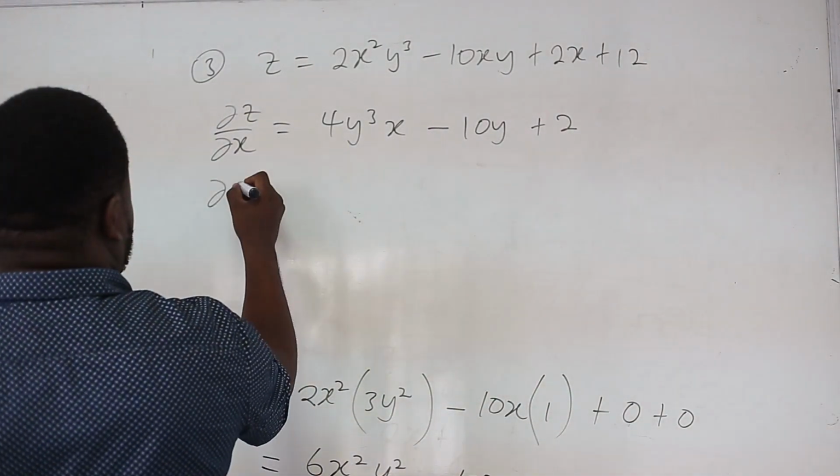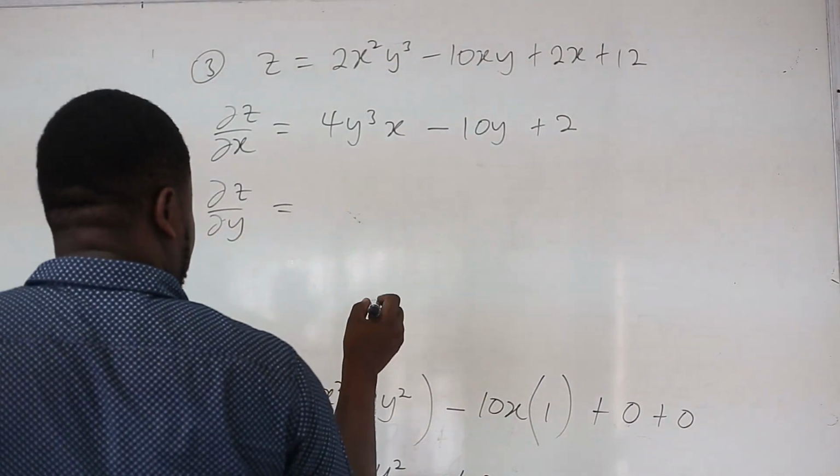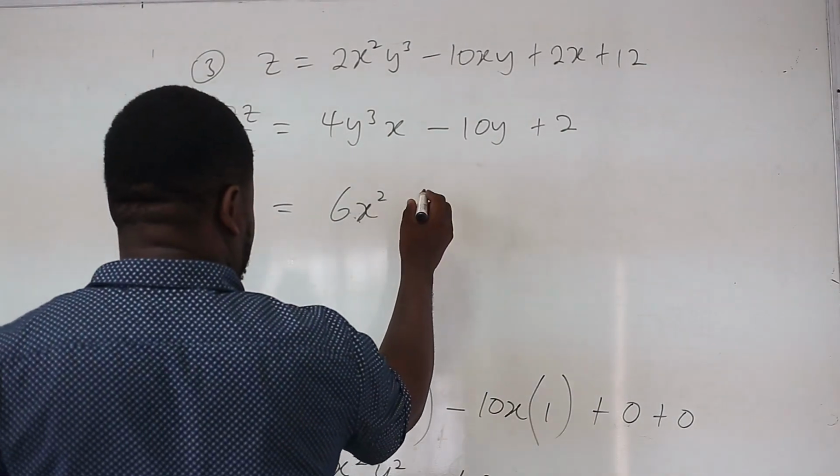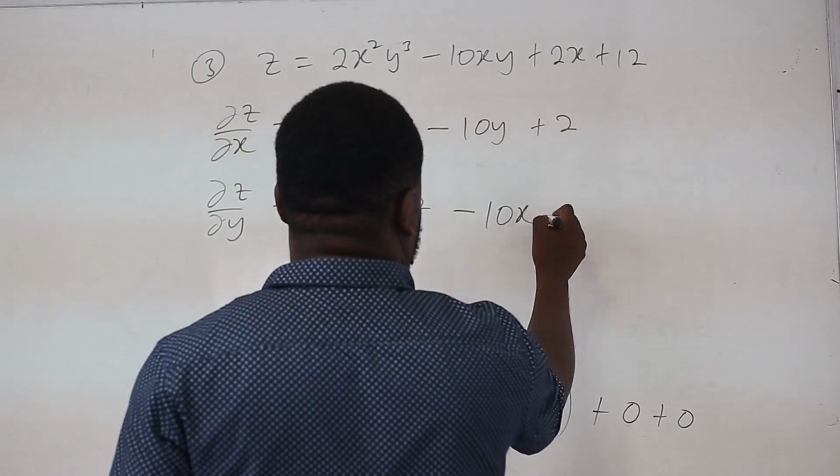Then we have dz dy to be equal to 6x squared y squared minus 10x.